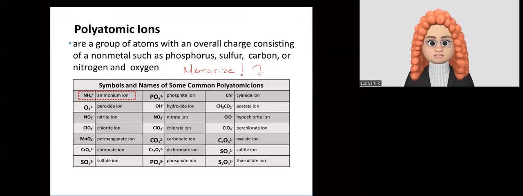So all the -1s, all the -2s, all the -3s, and you memorize their chemical formula and their name, because in the next video, we're going to learn how to utilize that information of cations and anions to actually not only write chemical formulas, but to name particular ionic compounds.